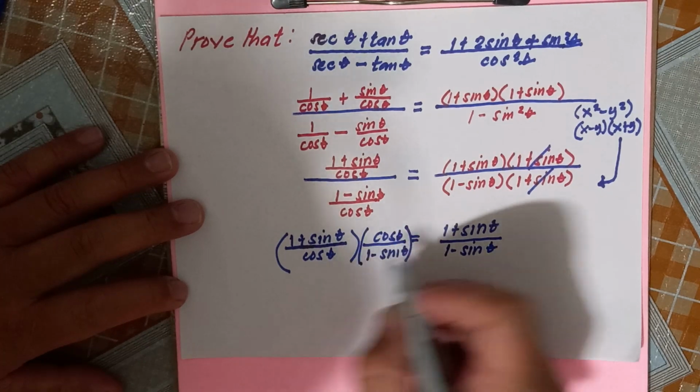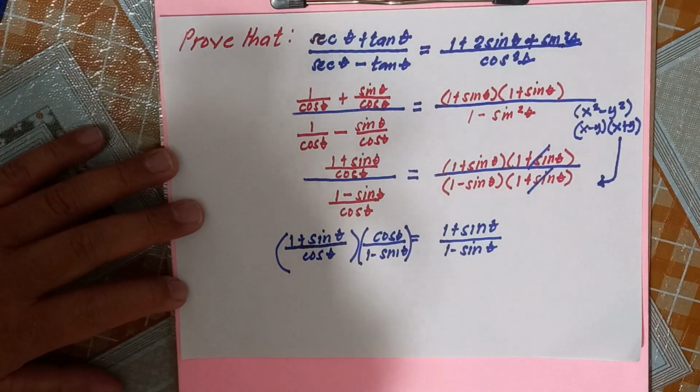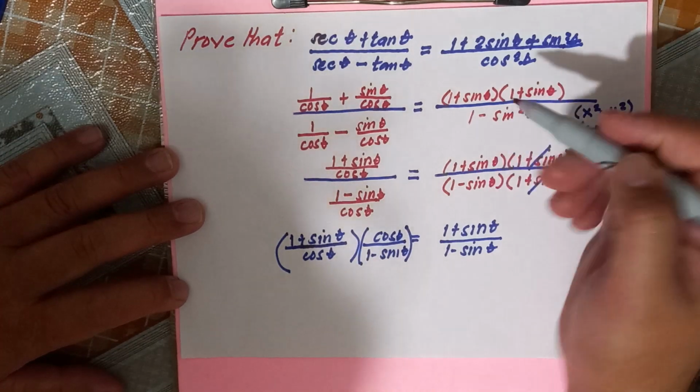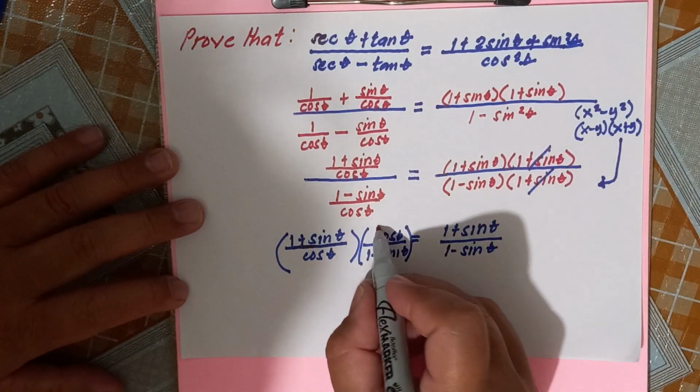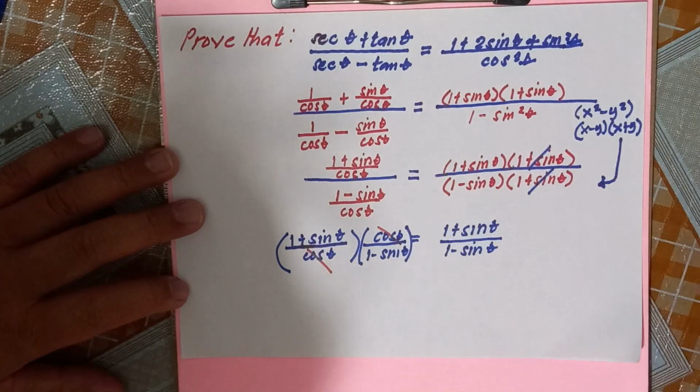After getting the reciprocal, proceed to multiplication. The cosine theta will cancel out.